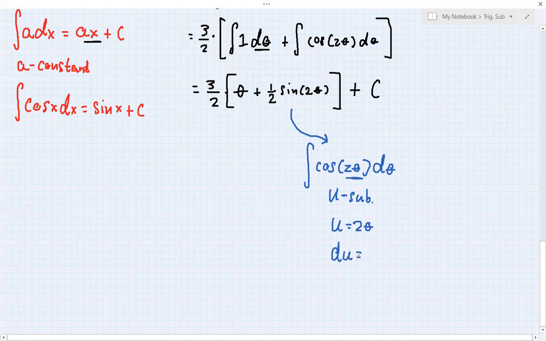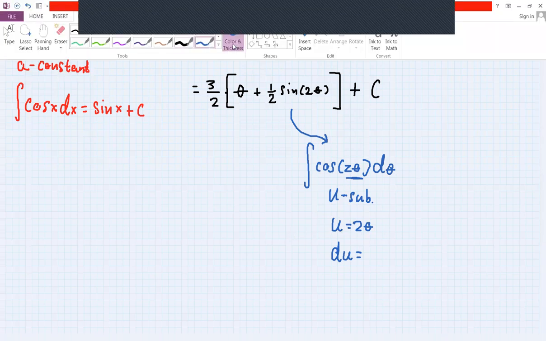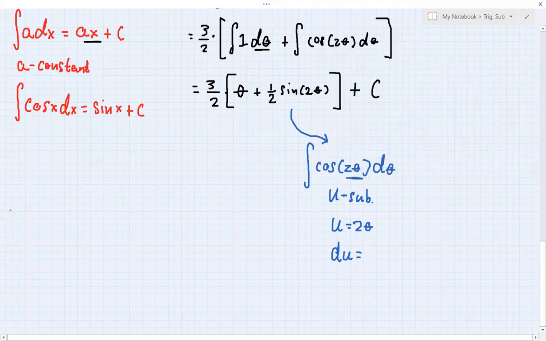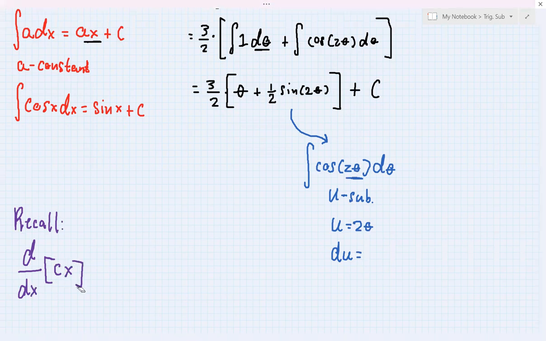Okay? Now, let's get the derivative of your U. Yun yung second step. So, ang derivative ng 2 theta, if you recall, kung kukunin yung derivative ng isang term na kung saan meron kang constant tapos meron kang independent variable lang, like, ganyan lang siya, Tx.